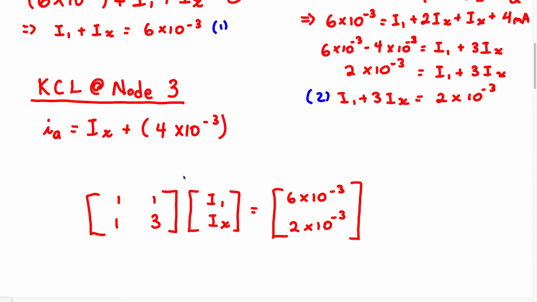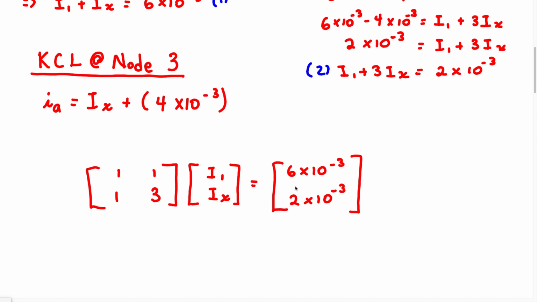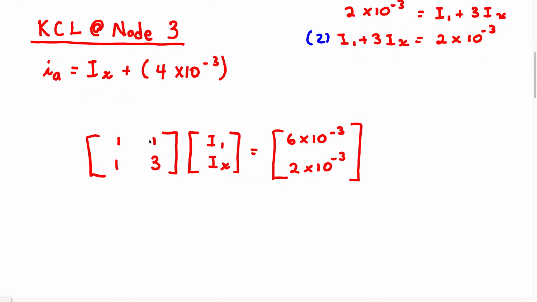I'm going to take the inverse of this and then multiply it by our answers, right? So we're going to take the inverse of this matrix. So we're going to say A inverse multiplied by B.